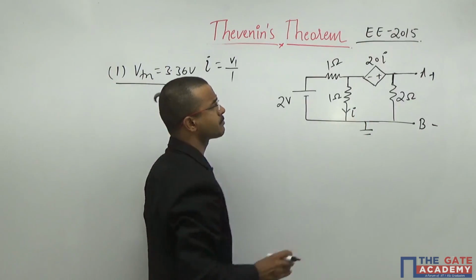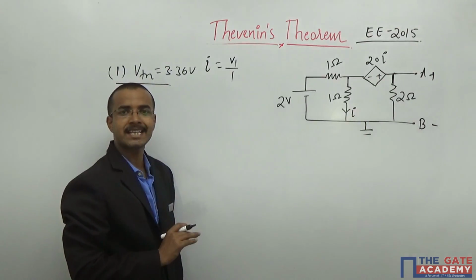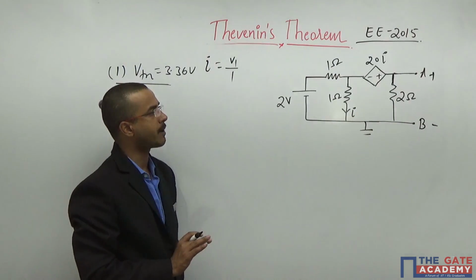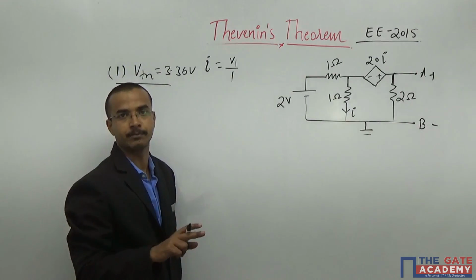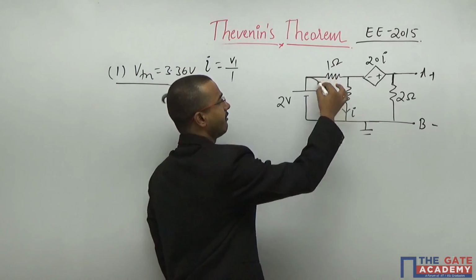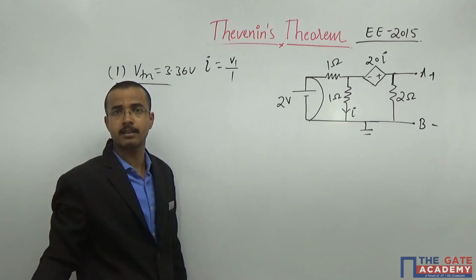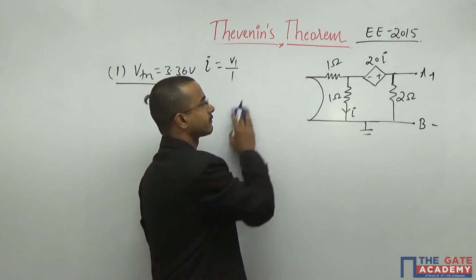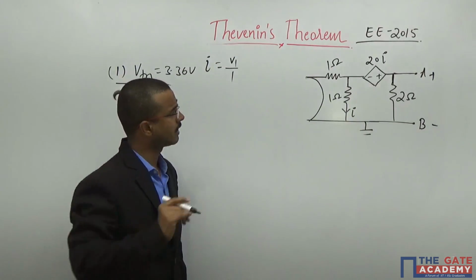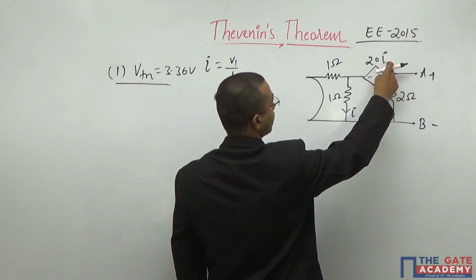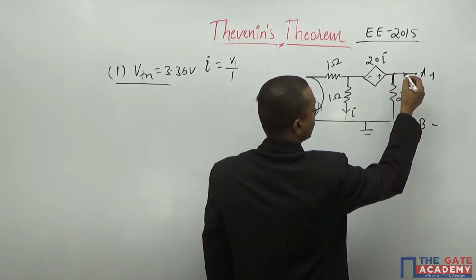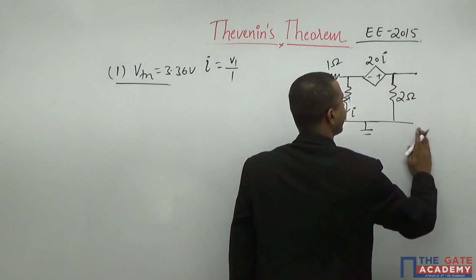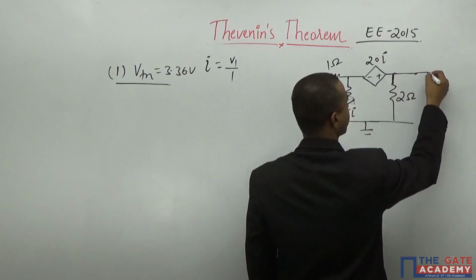And what is the RTH procedure here? Replace all the independent sources by their internal impedances in the first attempt. That means I will replace this by a short circuit. It is only my independent source here. Now, this dependent source is here and I have kept it. Add one test source across the open circuited terminal.